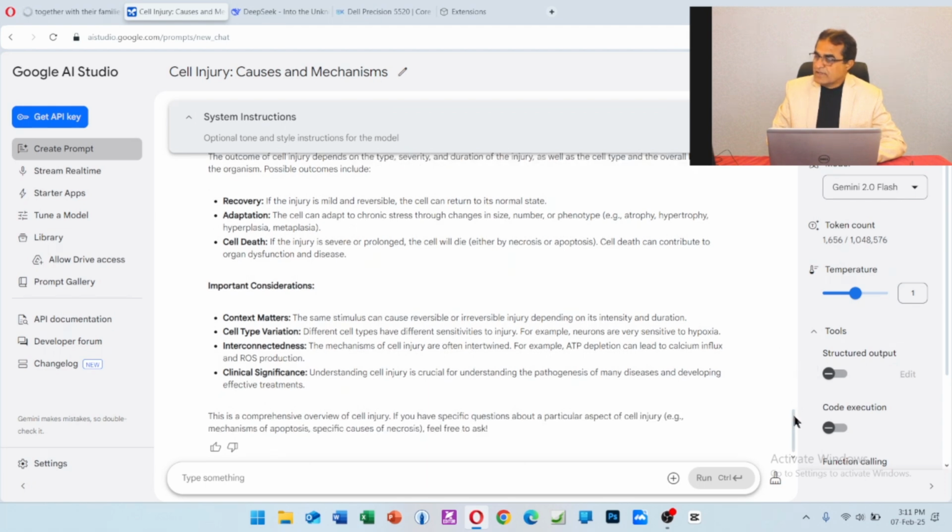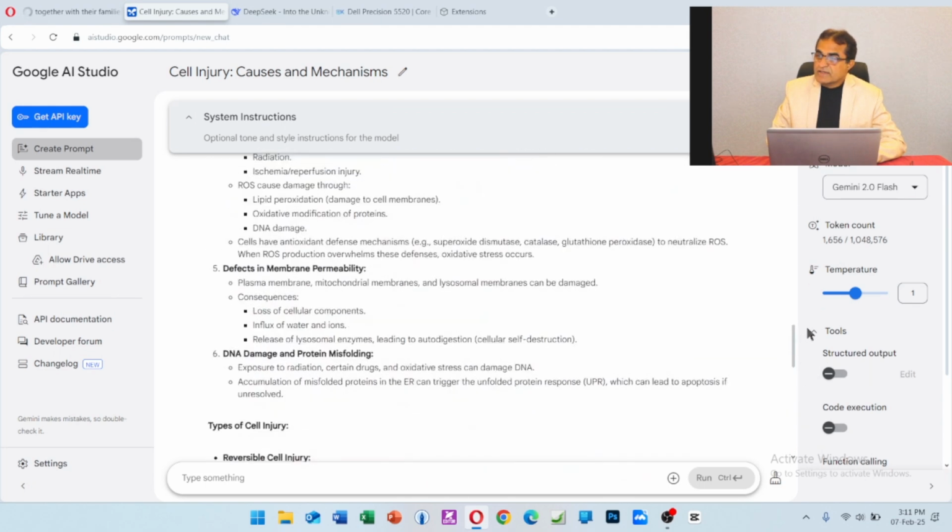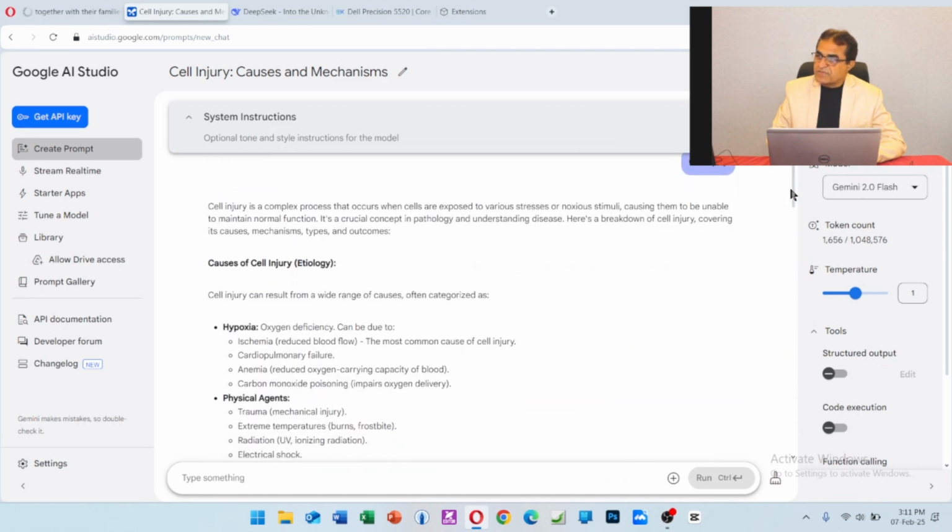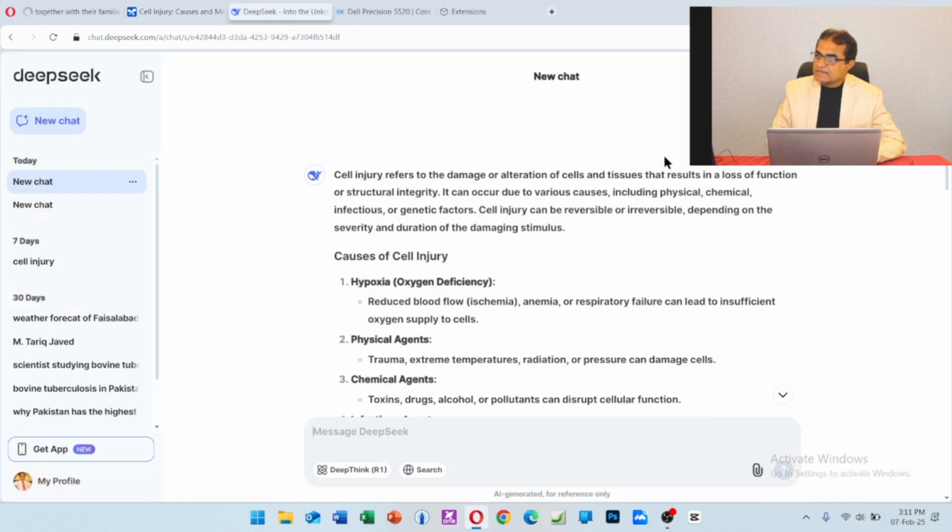So one thing you must have noted is the speed. The speed is much better in Google AI Studio than in DeepSeek.